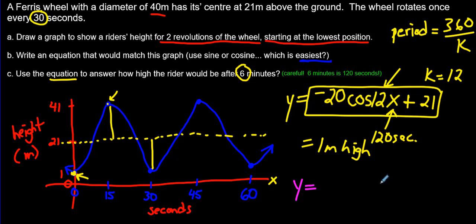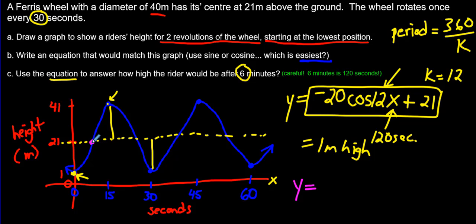What if your teacher was picky and said, can you do an equation that uses sine? If your teacher asked you to do that, then you'd say, okay, sine. You'd go back here and you'd look. Sine starts in the middle, somewhere along this curve. And so I'm going to pick this spot right here. Yes, you could pick this spot or this spot or this spot, but I'm going to pick the one closest to this y-axis here.